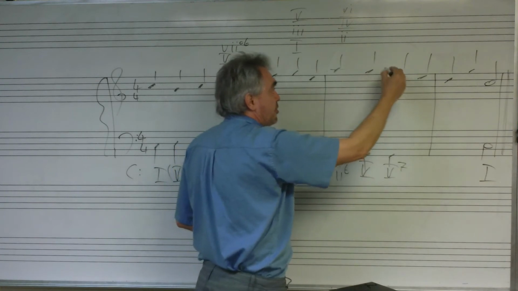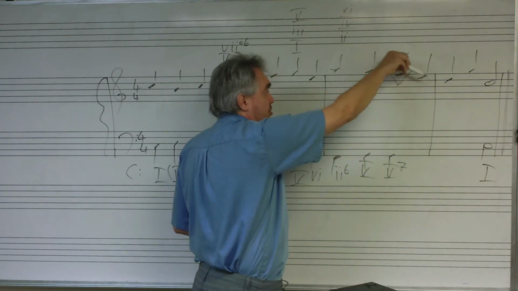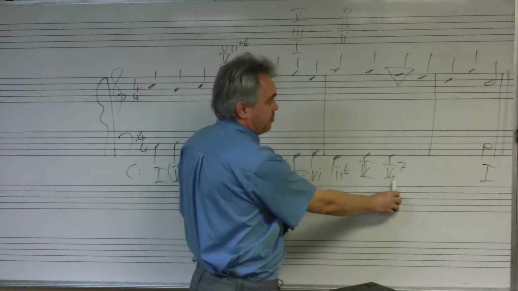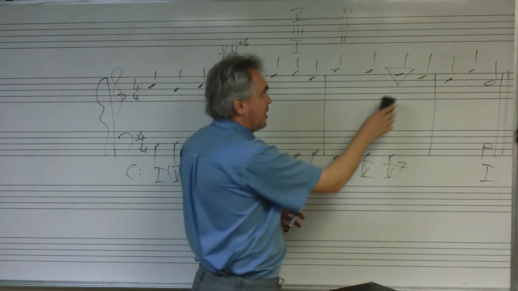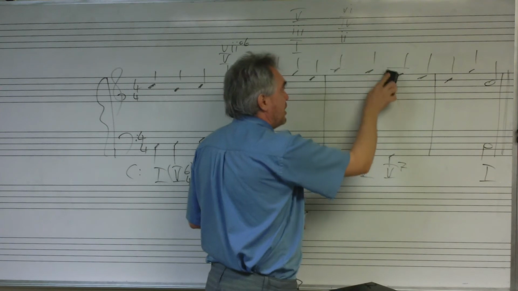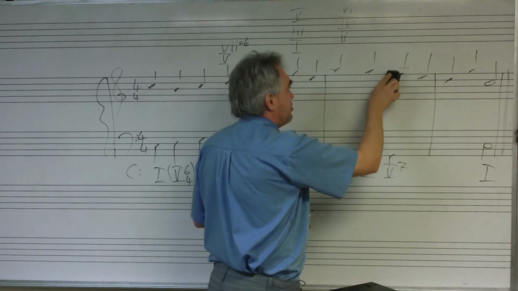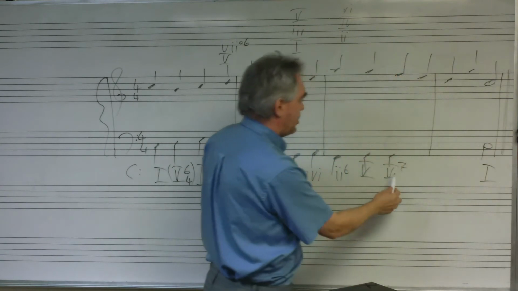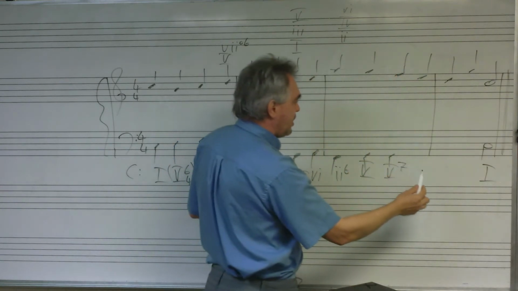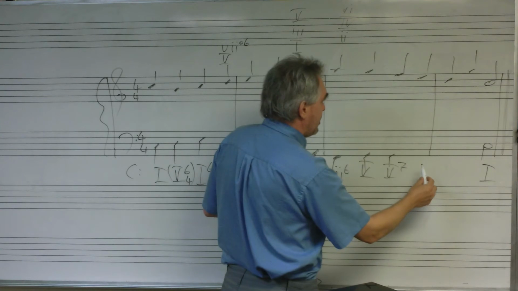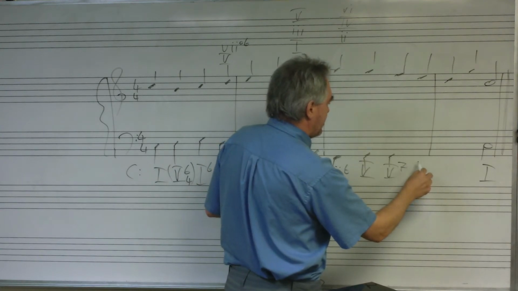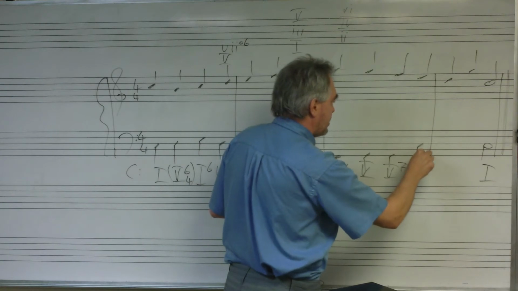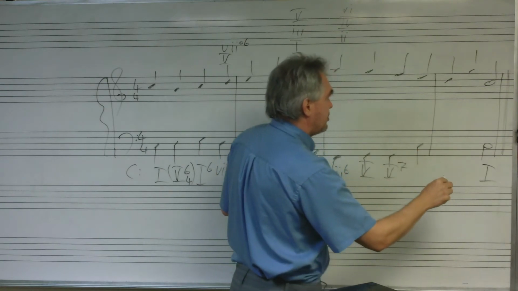The 7th of the chord needs to resolve down by step, so 5/7 would be G, B, D, F, F the 7th of the chord, and it does resolve down by step here, so this is a possibility, and we can go to 1.